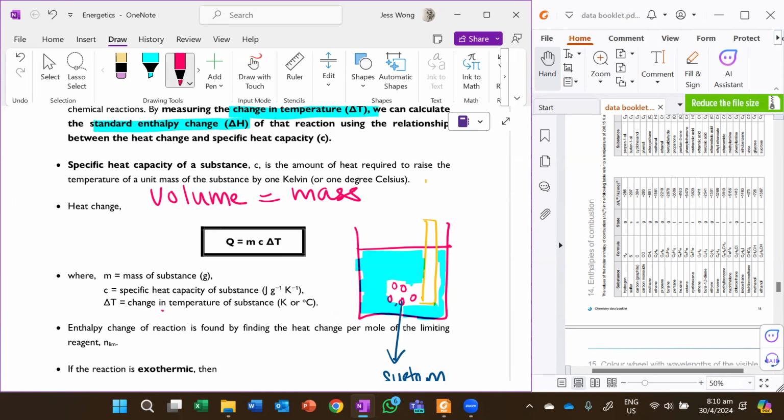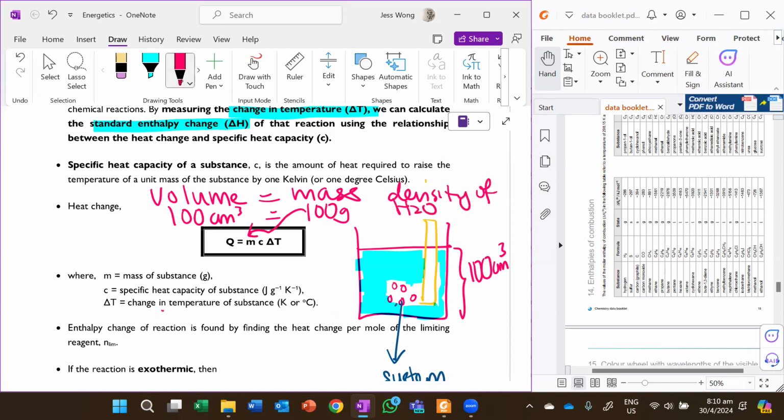For example, if this is 100 cm cube, we will assume the mass will be 100 grams, and we sub that into m. We can make such an assumption because the density of water is 1 gram per cm cube. So we are assuming that the solution follows the density of water.